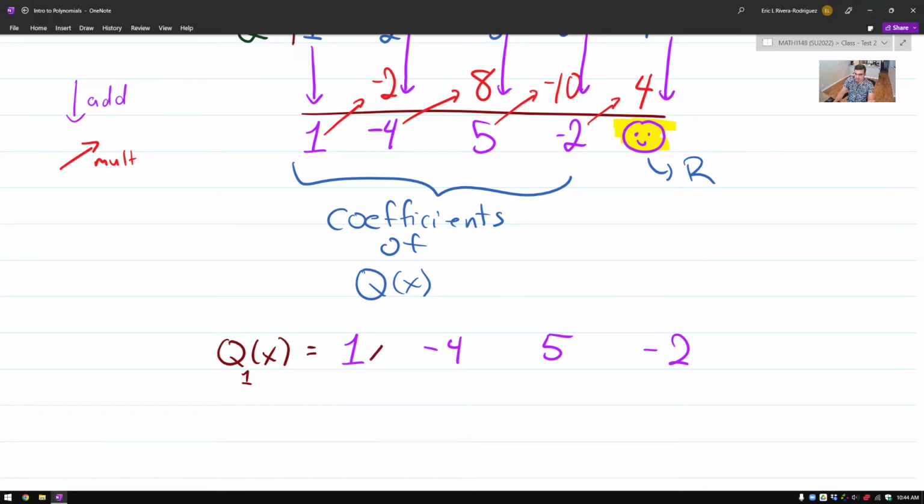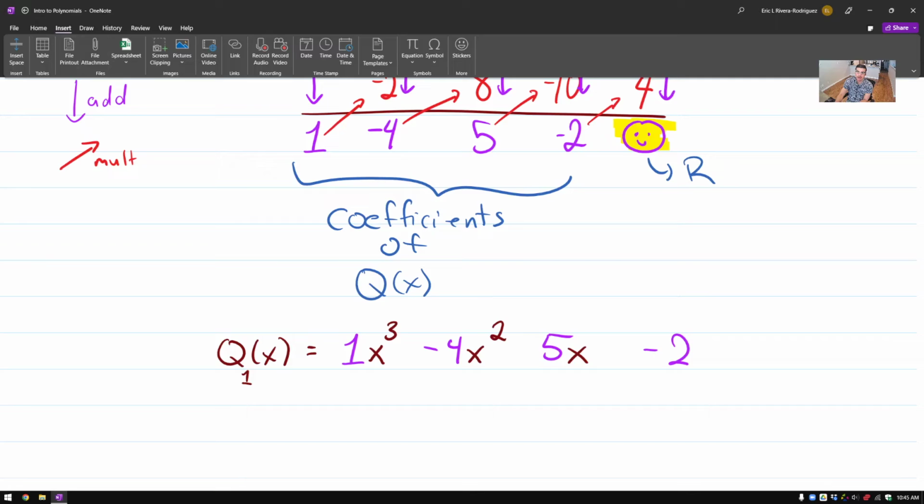Q of x: we are going to put x's on the first coefficients. The last one, -2, we are not going to put an x there, because that is going to be the constant term. Then we go by power of 3, power of 2, and power of 1. We can just omit power of 1.